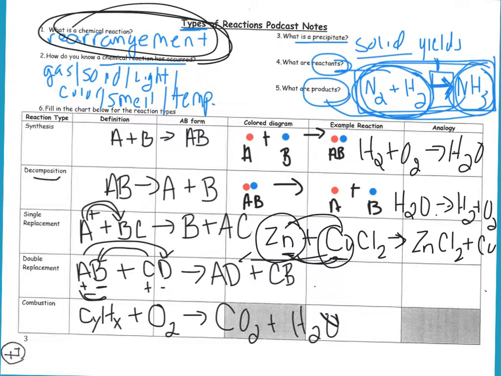In a double replacement reaction, two things are going to switch places. So here I have dinitrogen sulfide and hydrochloric acid. There's my cation and my anion. There's my cation and my anion. And so they are just going to swap places.